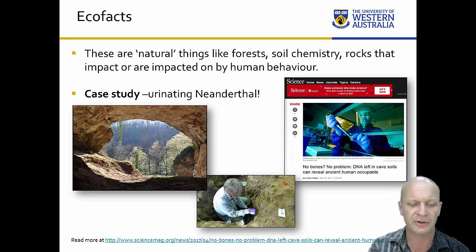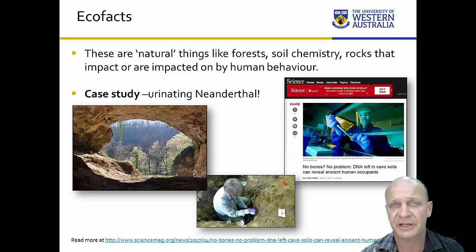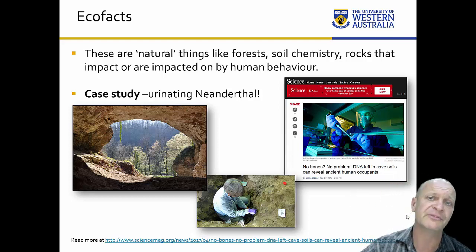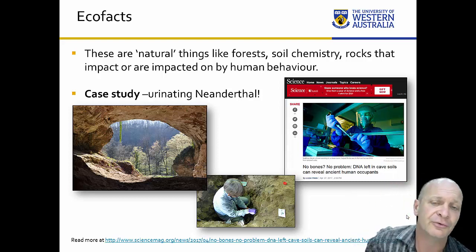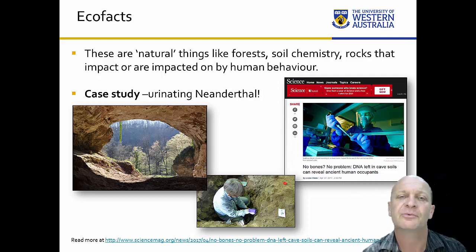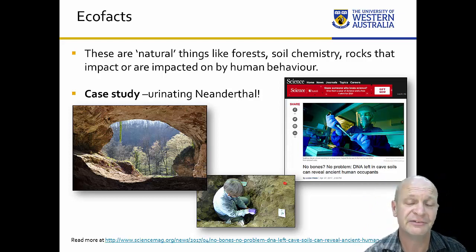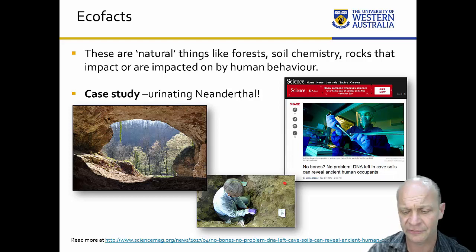Pollens last for a long time, and phytoliths, and they tell you about the botany of an area, and the botany in turn tells you about the climate of an area at different points in time as you excavate down through the layers. But in this case, what they found is they did some DNA testing of the soil, and to cut a long story short, they found a place where a Neanderthal, the DNA was Neanderthal DNA, had urinated. So someone, a very human moment, had walked along and had relieved themselves.